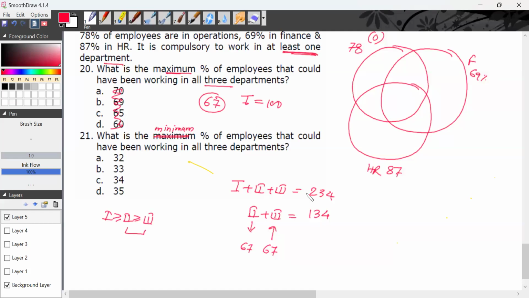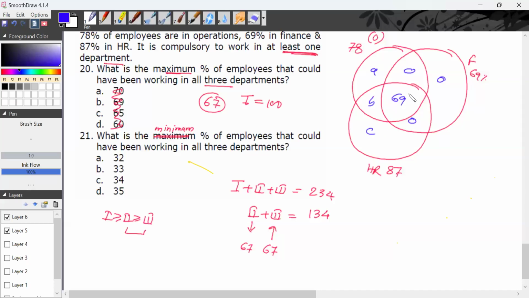Okay, let's check. First I am checking 69, let me check 69. If we keep this as 69, then can I say these 3 numbers will be 0, right? Let us assume that these are A, B, and C, correct?